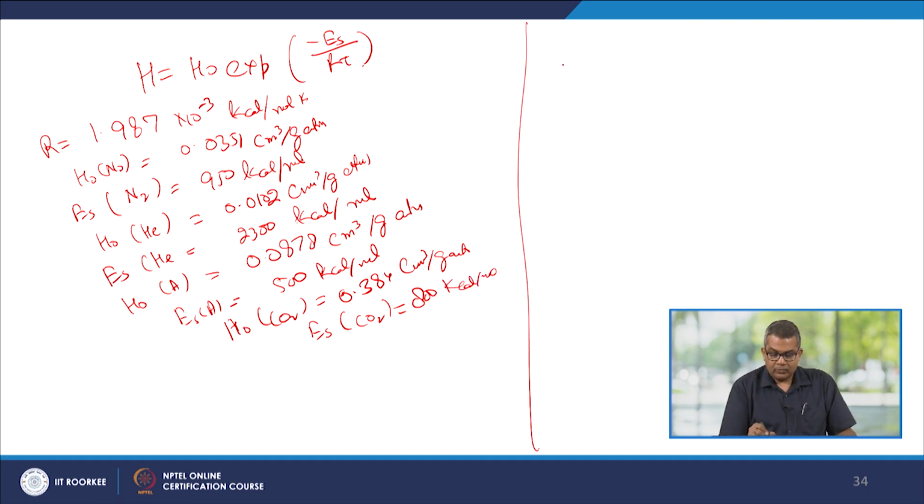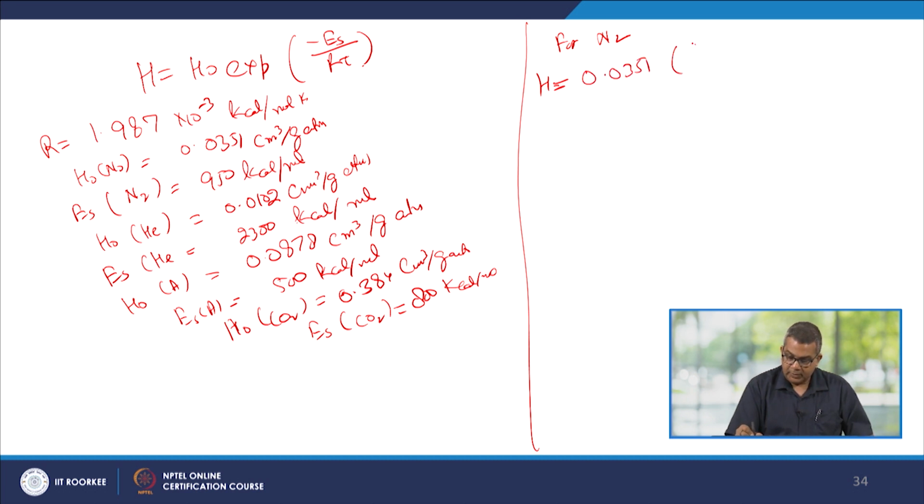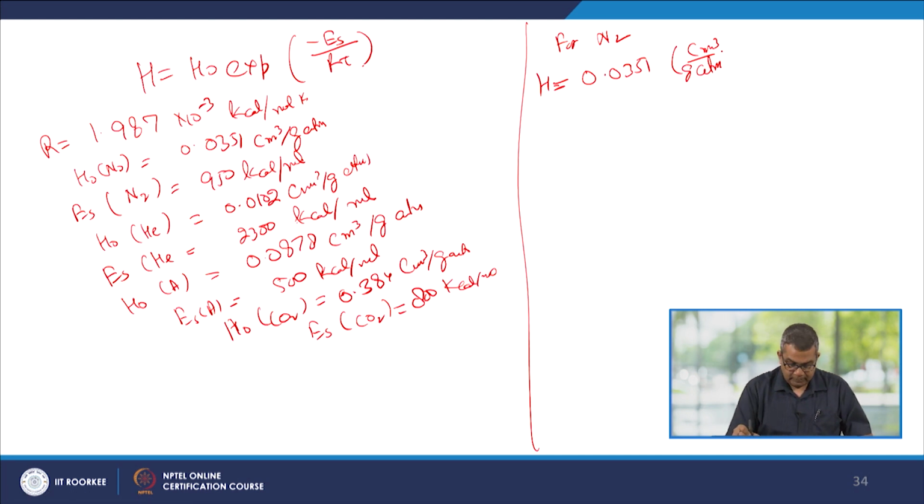So for nitrogen, H is equal to 0.0351 centimeter cube per gram atom, exponential plus 950 kilocalorie per mole over 1.987 into 10 to the power minus 3 kilocalorie per mole Kelvin times 461.16 Kelvin.